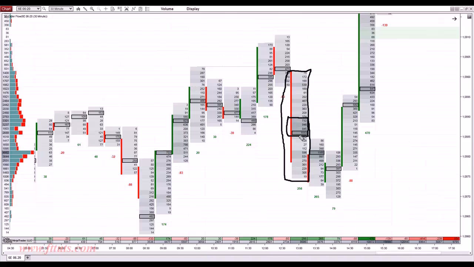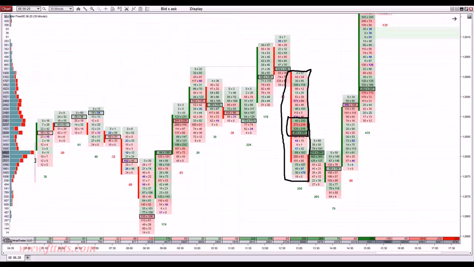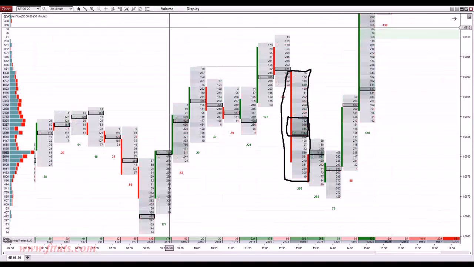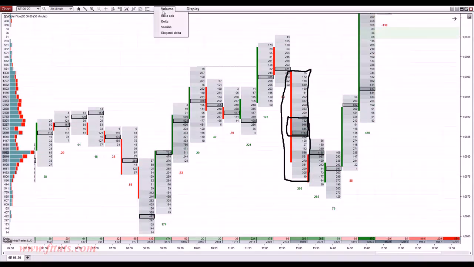So this is heavy volume area. Also, the price level where the heaviest volumes got traded is also in a black frame, like in here. As you can see, there is a black frame in every footprint. I call it the heavy volume knot. You can see the heavy volume knots also if you switch to bid and ask or any other setting. Those are always there. Alright, so that's the volumes.